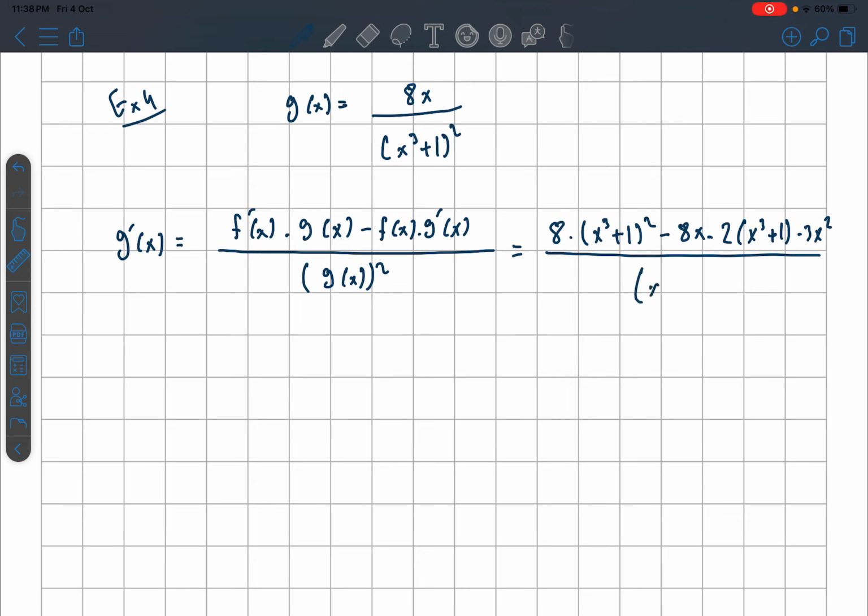It will be (x cubed plus 1) to the power of 4.